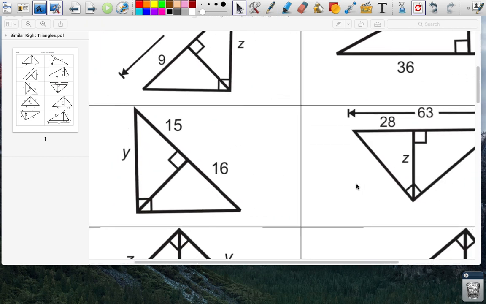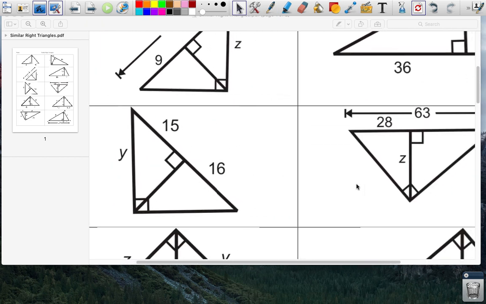So now we have this question. Do we need to find this value over here? Let's see if I put that long with this short. So if I draw this triangle out, and I draw this one out, right here.